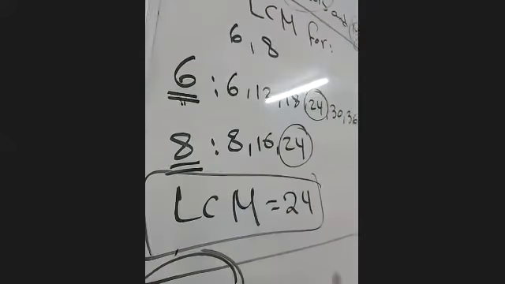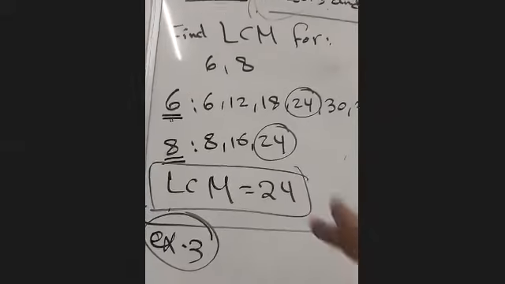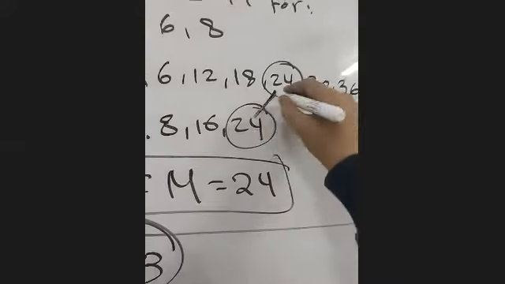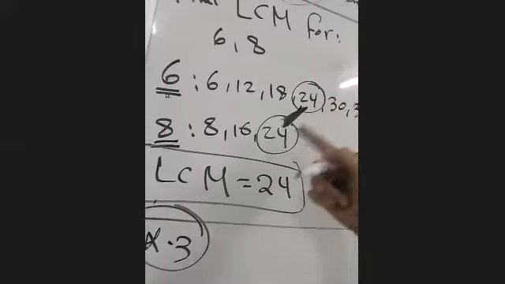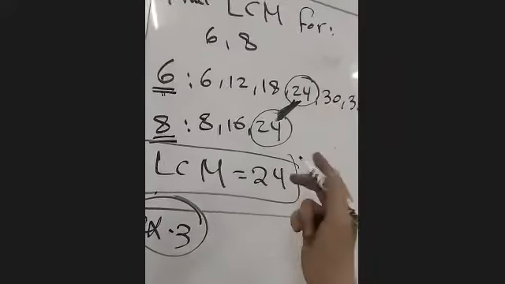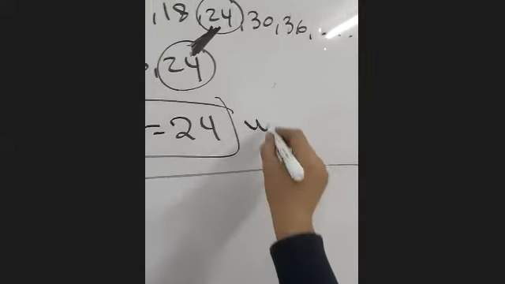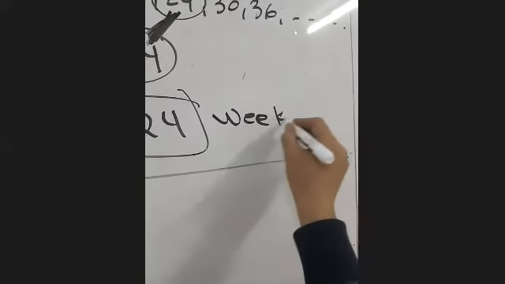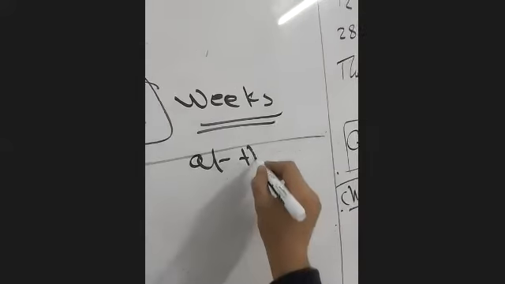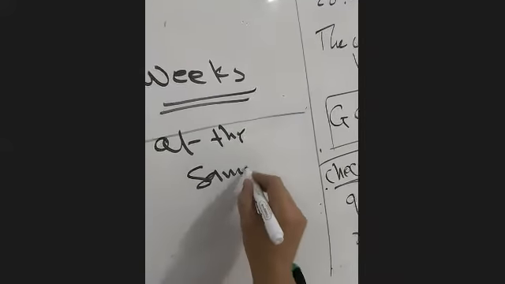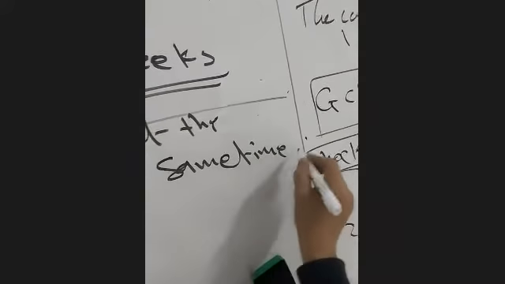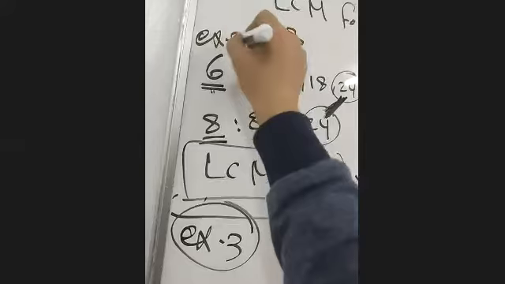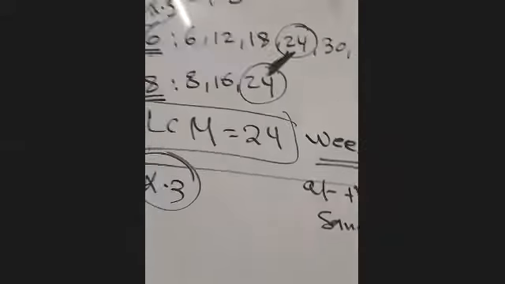The question wants us, guys, to know after how many weeks they will go at the same time. After how many weeks? After 24 weeks, they will go at the same time. So I did example 3 already. Let's go to the check.